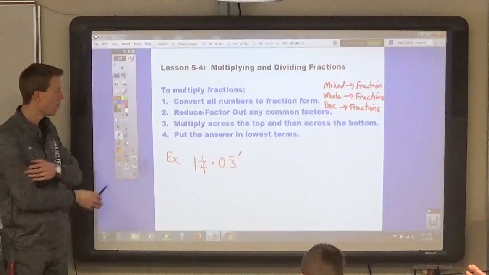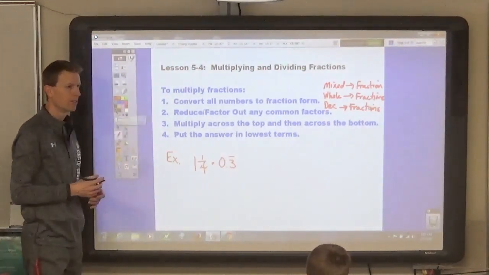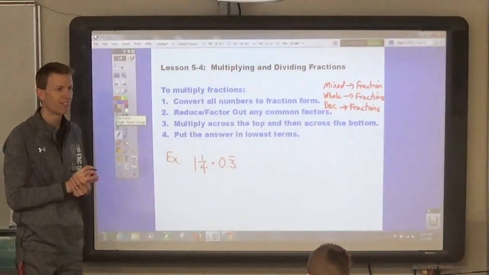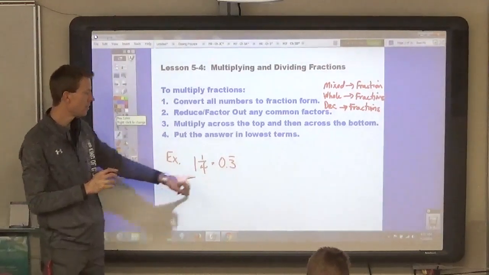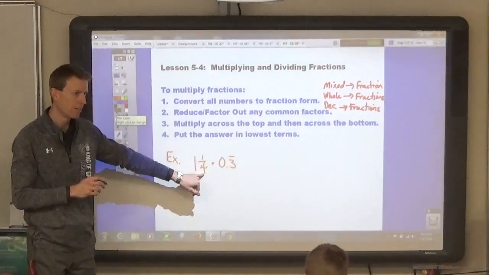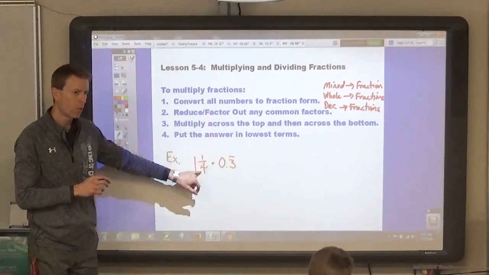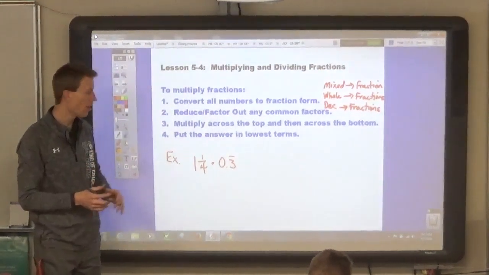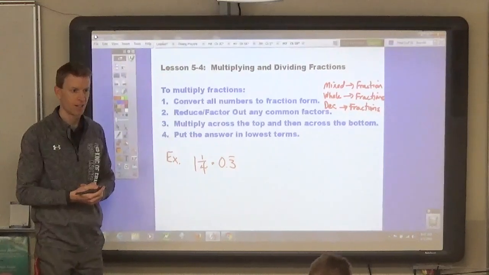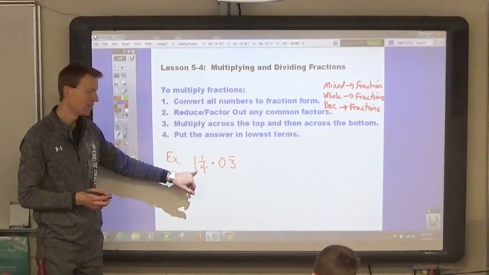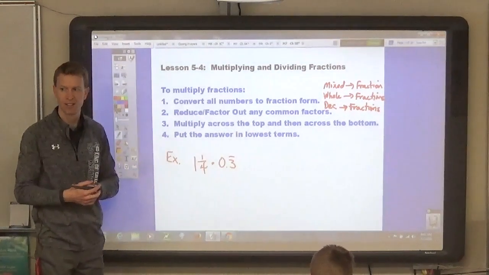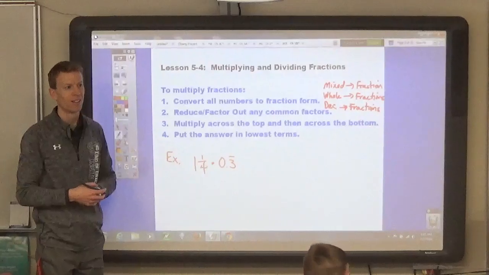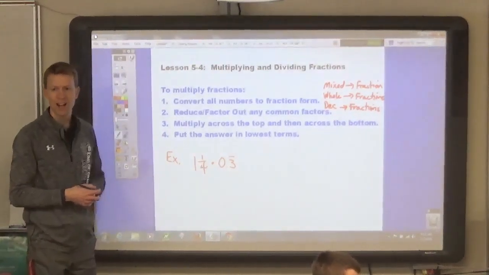Do you know how to change a mixed number to a top-heavy fraction, Garrett? You don't? No. How many pieces would you have if you have 1 1/4? How many total pieces if you cut all of them into fourths? 4/4, and 1/4 is 5/4.